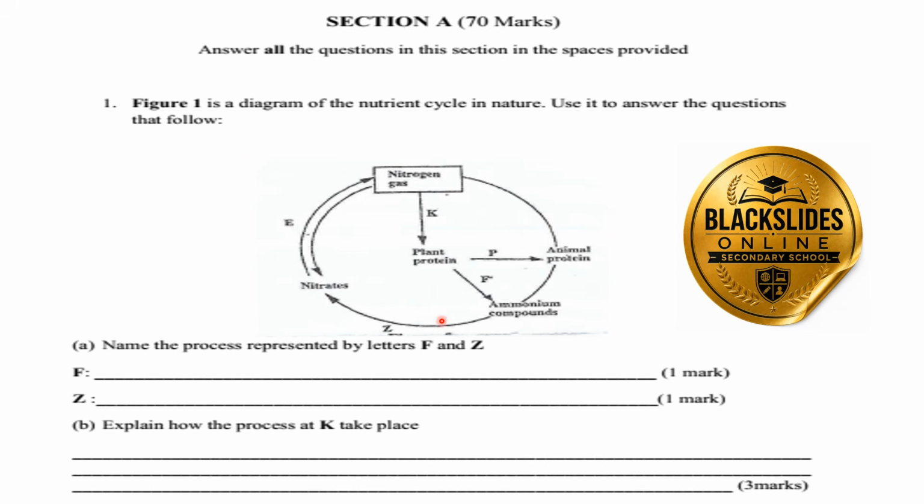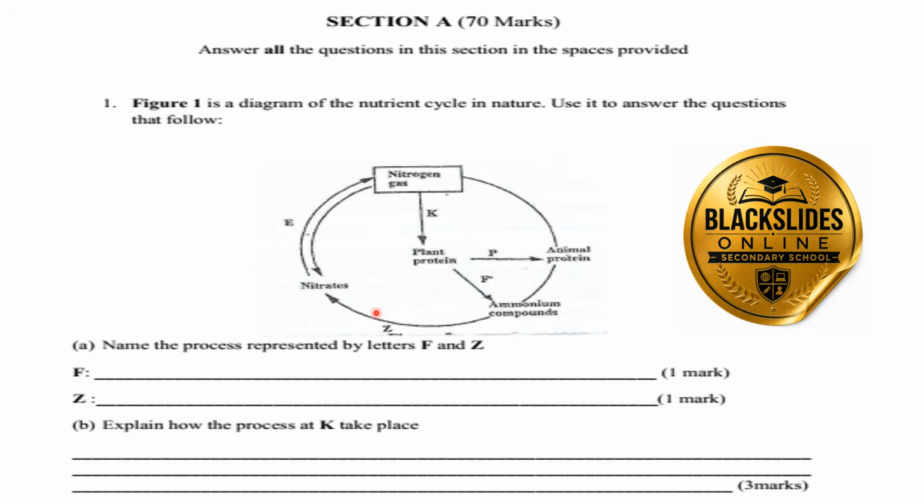That's why another process, which is represented in the diagram by the letter Z, will convert the ammonium compounds to nitrates. So this process is called nitrification. Process Z is nitrification.